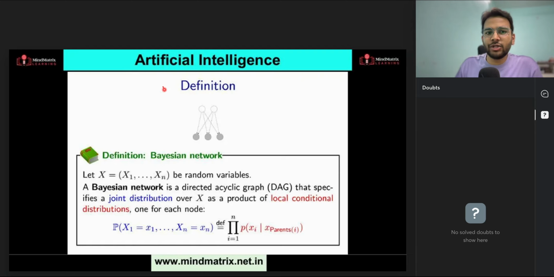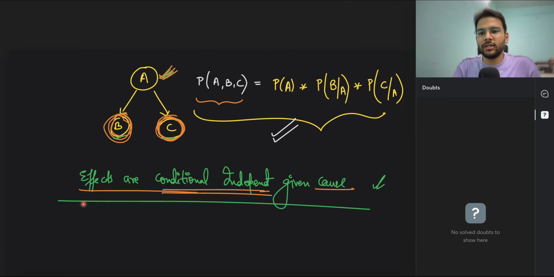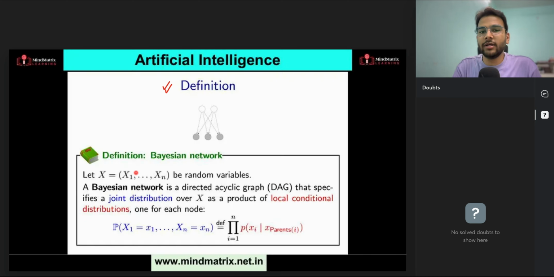That's what I was explaining to you. If you see the formal definition of Bayesian network, all these slides that I have taken are from reputed standard universities like MIT, Stanford, and University of California. I referred to a lot of standard resources and took out the crux of the Bayesian network so that you can understand everything clearly.